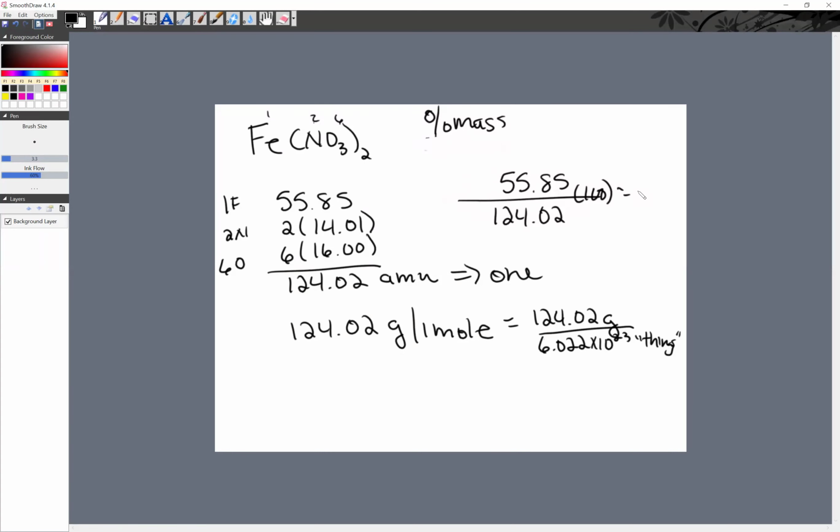So let me see, and I get 4 sig figs, 45.03%. So when you see mass percent, that's all it's doing. It's just converting the weights into percents. Could you also figure out the oxygens and the nitrogens? Yes, either subtract from 100 or just put their numbers up on top.